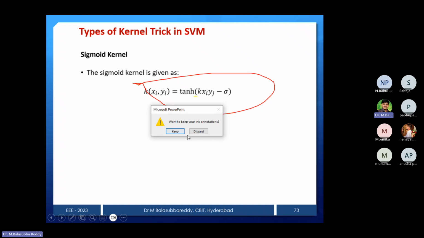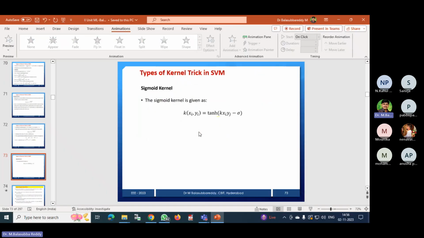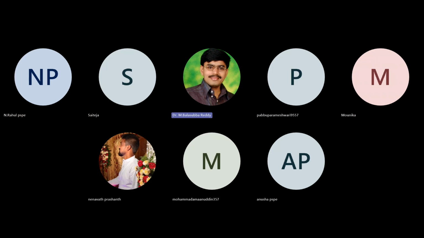Now we can recall the things. Whatever we discussed so far, we'll brief it. Support vector machine is very important. It works for both cases, regression as well as classification.